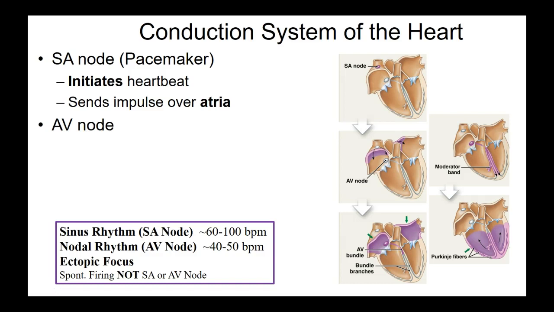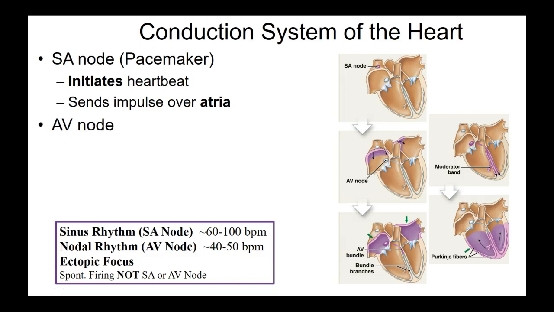Okay? So here, this electrical stimulus spreads from the sinoatrial node across the left and right atria, and it gets to the AV node and it pauses for a fraction of a millisecond. Now remember, this electrical impulse is stimulating the cardiac muscle to contract.